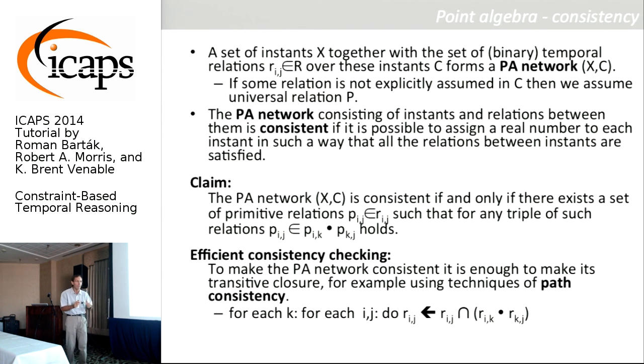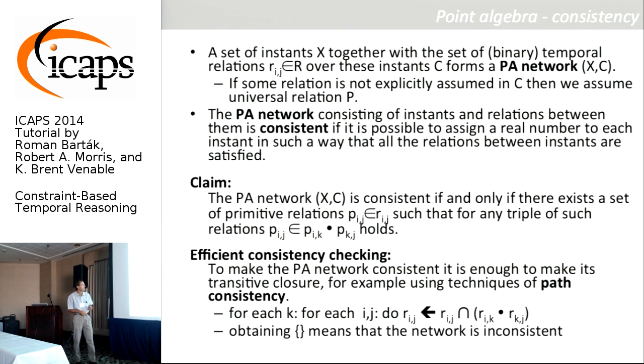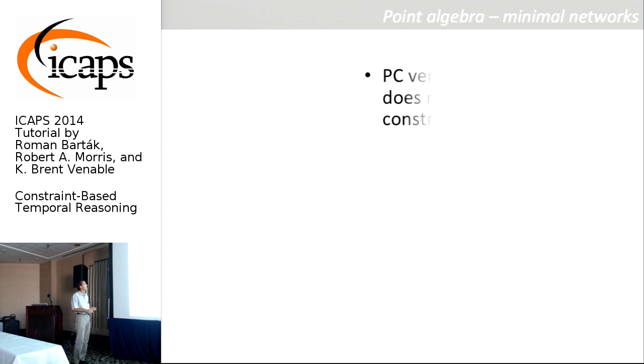But the nice thing is that if we do not deduce an empty relation, we can claim the network to be consistent. So path consistency is a complete verification technique for point algebra. Okay, and as I said, the empty set means inconsistency. So if we do not deduce the empty set, we know the network is consistent, right?